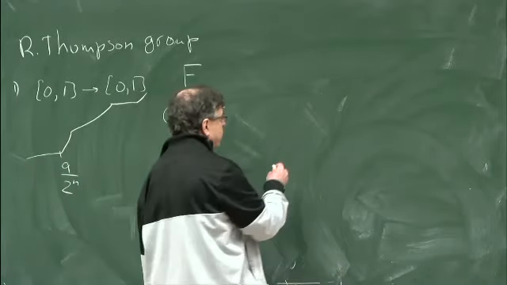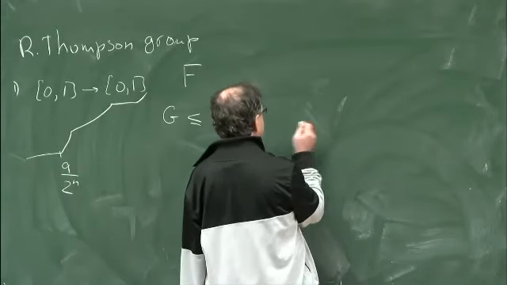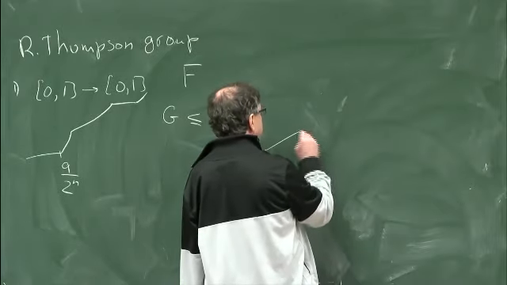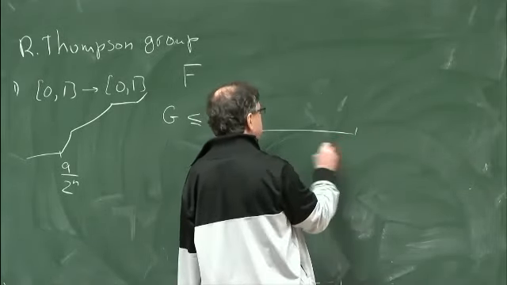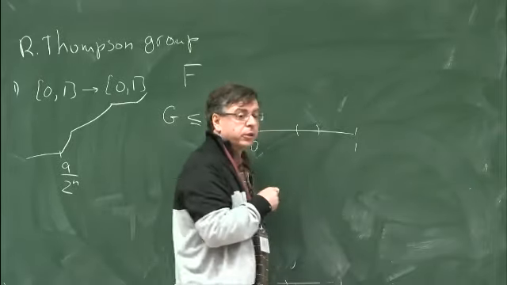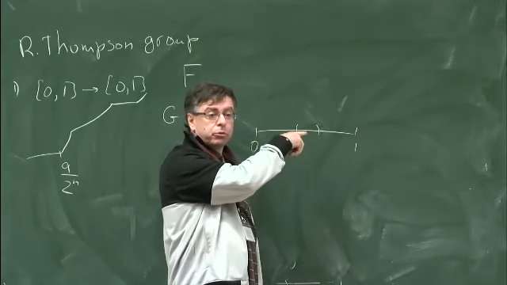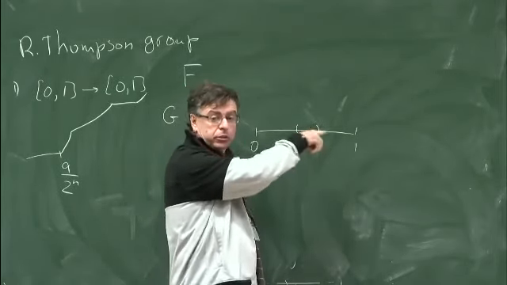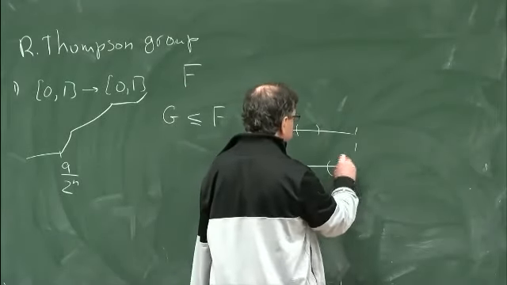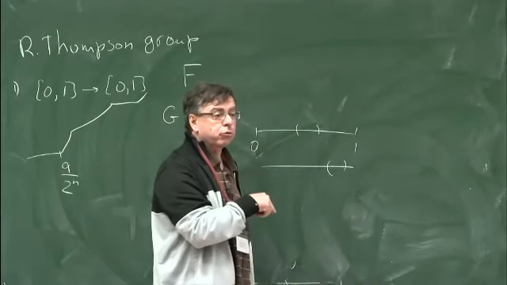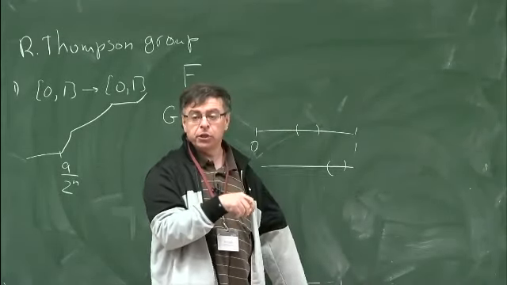If you take, say, 2 functions: this is your interval from 0 to 1, and one function takes some subinterval into itself and is identity everywhere else, and another function does the same on a disjoint interval and is identity everywhere else.